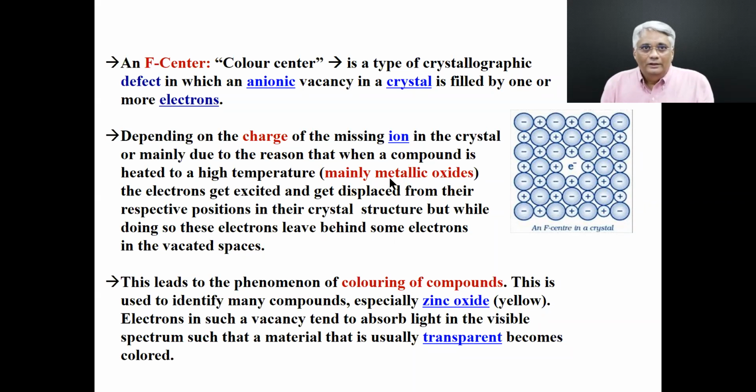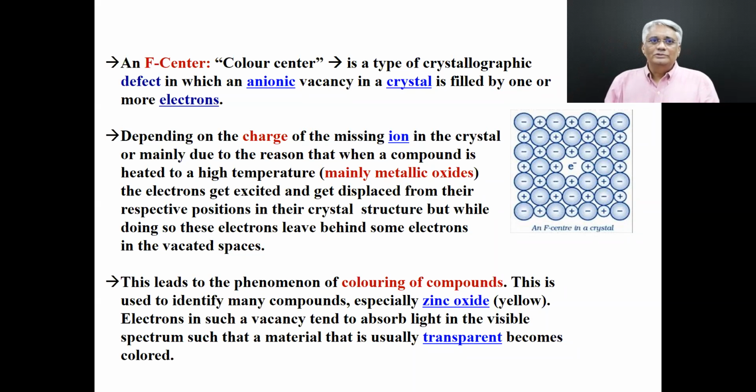Okay. Now, depending on the charge of the missing ion in the crystal, or mainly due to the reason that when a compound is, say, heated to high temperature, we're talking about metallic oxides, the electrons get excited and get displaced from their respective positions in the crystal lattice.